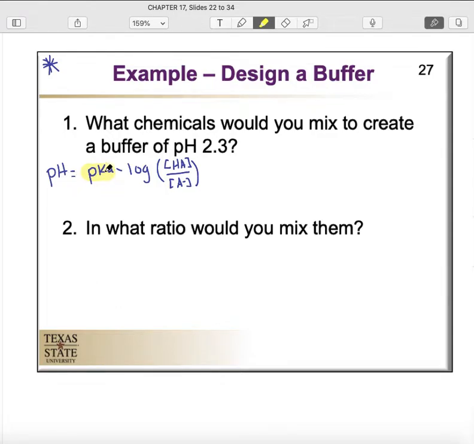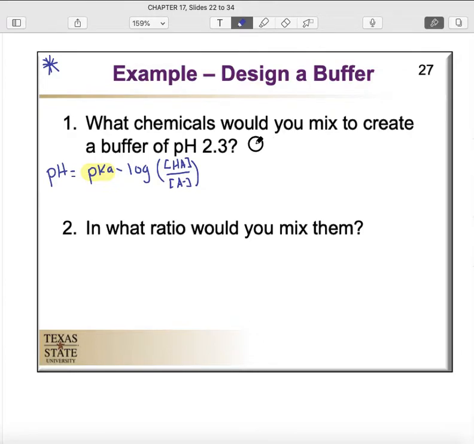Specifically, as we will talk about in a few slides, that buffer will only be effective within plus or minus 1 pH unit from the pKa. So if we want a pH of 2.3, then we want the pKa to be within 1 unit of that.